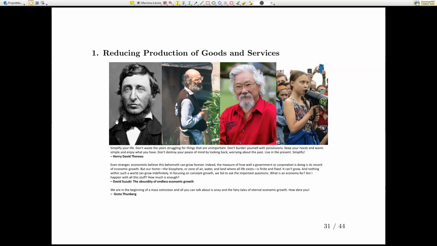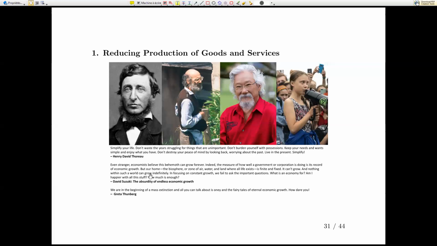This guy is Henry David Thoreau, a poet from the 19th century, I think. You could say he's the father of voluntary simplicity. I don't know if you can say that in English. In French, it's simplicité volontaire. He's saying you shouldn't aspire to consume a lot. You should keep your life simple, have few possessions, and enjoy nature. Simplify.